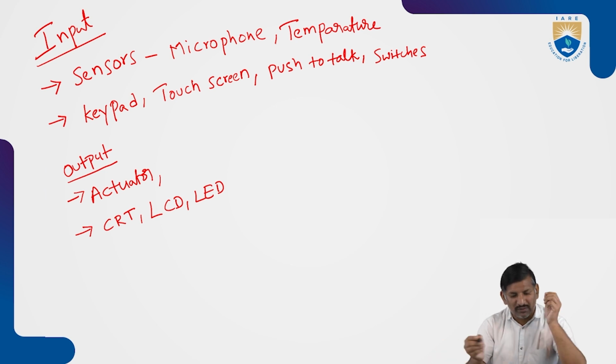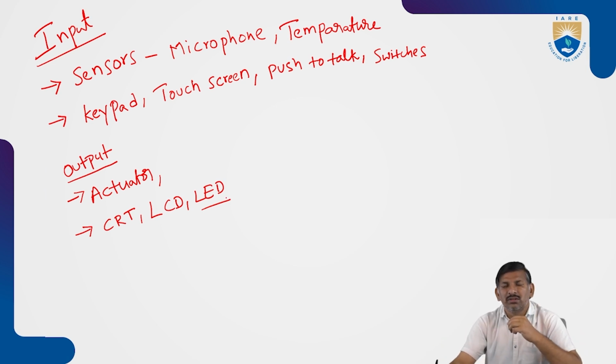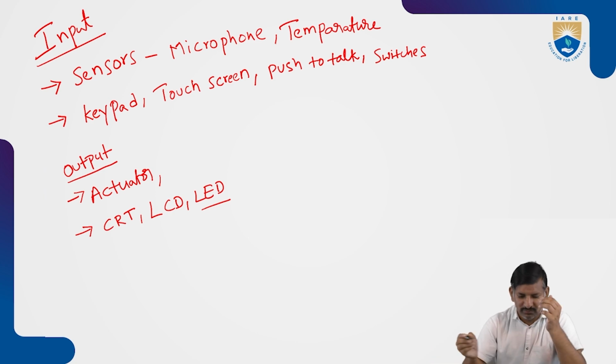So we will check one of the devices, LED. LED means light emitting diode. It is one of the PN junction diodes. By default, the LED is in off condition. Whenever we give an input voltage greater than the conducting voltage, the LED will be on.